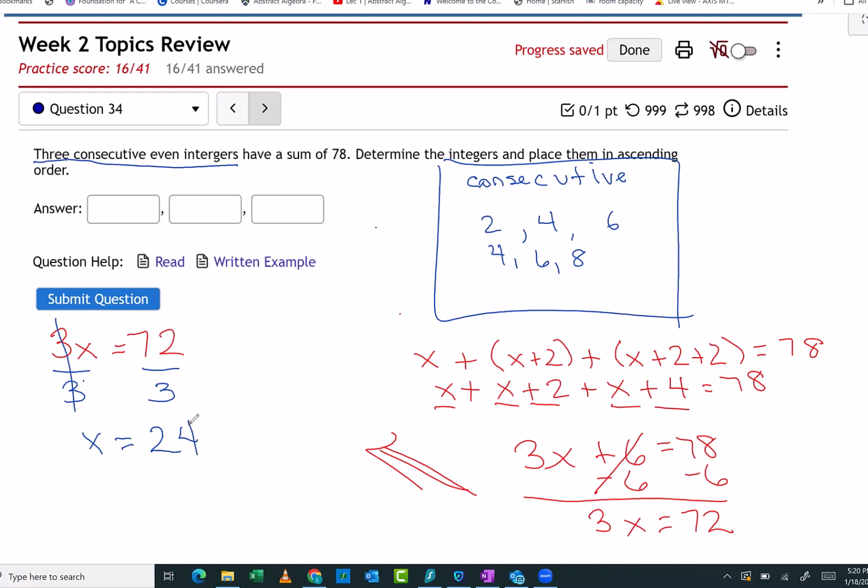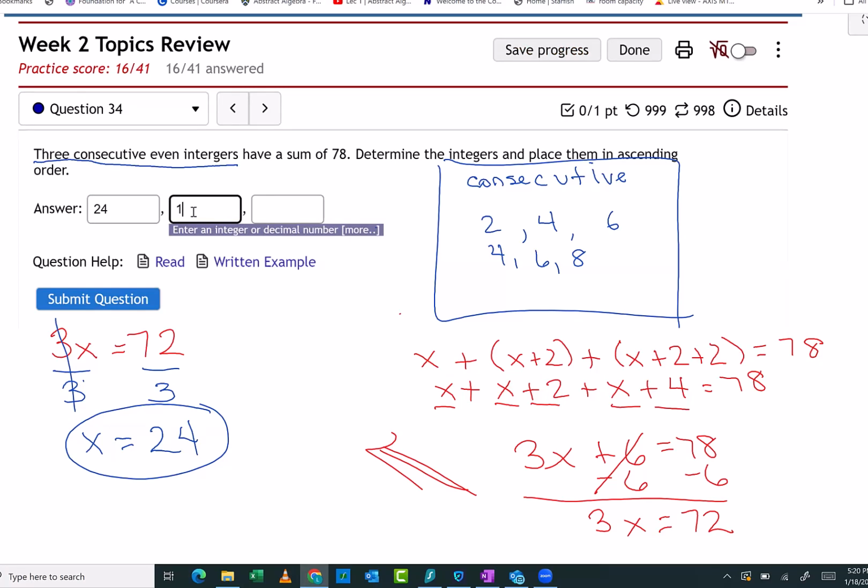I know my first number. My first number is 24. My next consecutive number has to be 26. And my last consecutive number has to be 28.